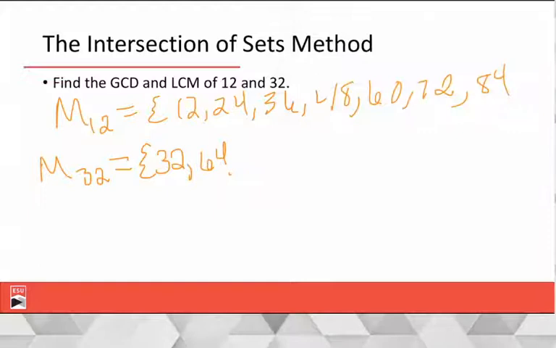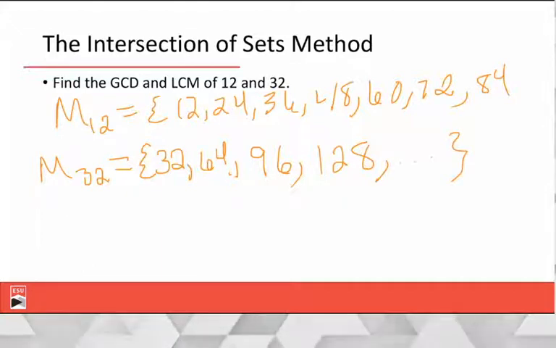64 plus 32 is 96, plus 32 is 128. And it keeps going, right? And so I'm going to do one more up here for 12, and you might already know why: 84 plus 12 is 96, and you can keep going there.